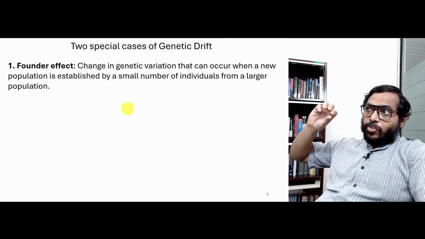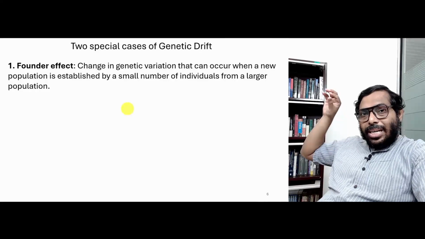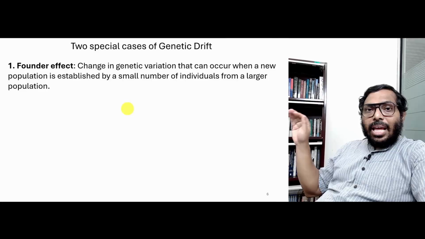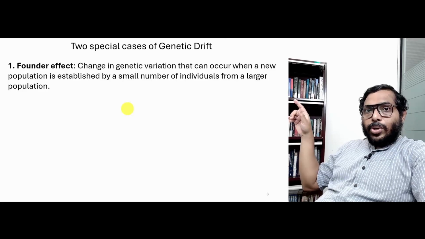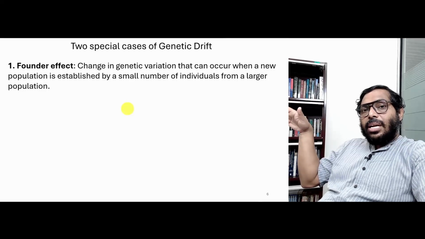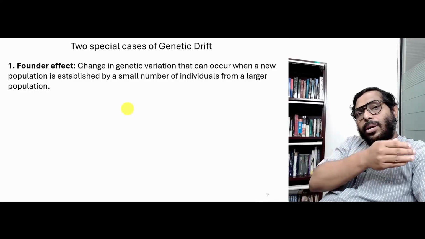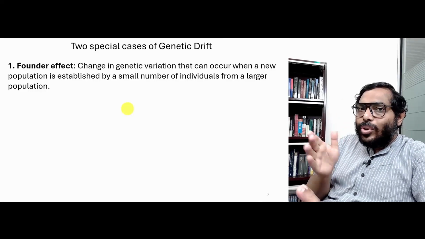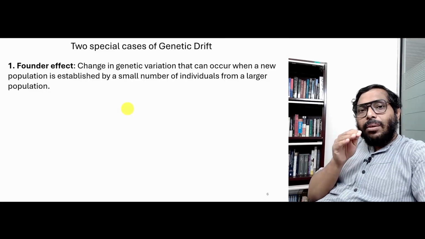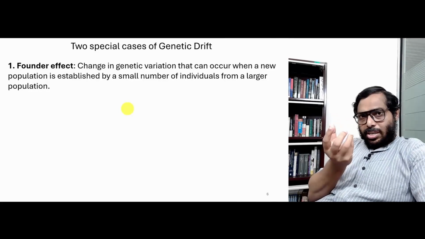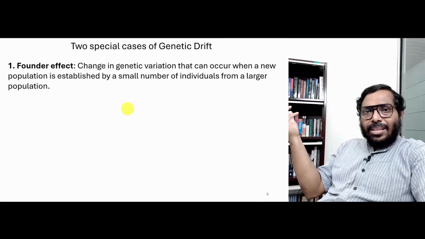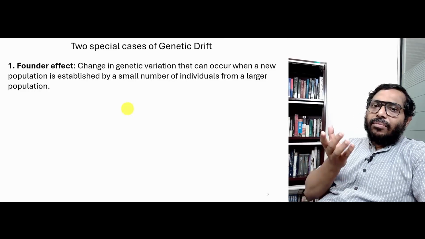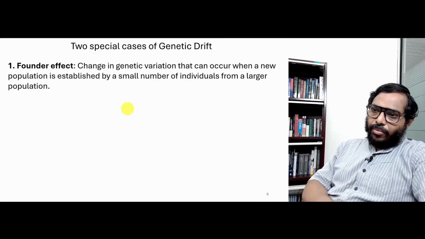Now, when this small subset settles in a new place and the population size expands, after some time that population is going to have a very different genetic composition compared to the ancestral population. But that need not necessarily have anything to do with selection. That might simply be because the founders who began that new population, just due to sampling error, had a very different allelic composition to begin with.